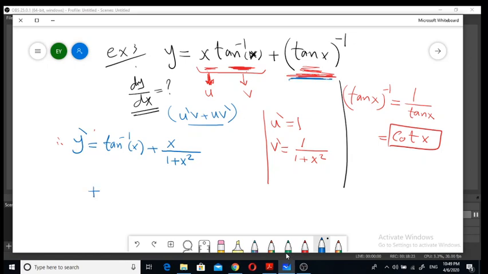Plus the second term, tan x to the power -1. So we are going to apply the chain rule. So it will be -1 times tan x to the power -2 times, don't forget, the derivative of the inside function, which is sec squared x, the first derivative of tan x.